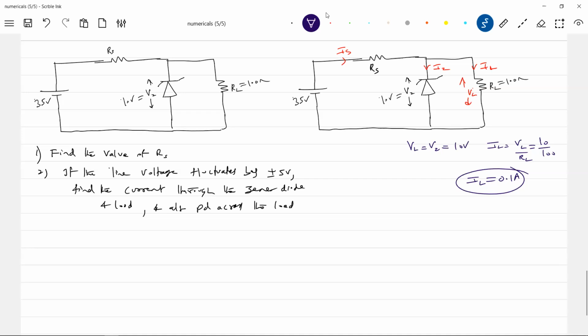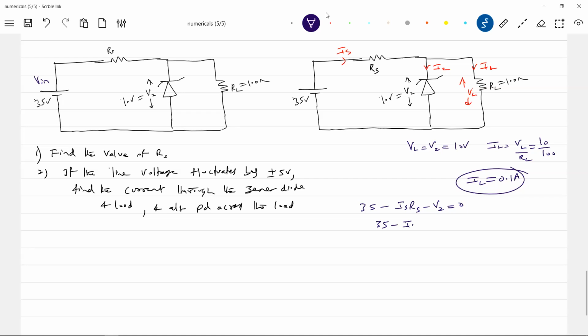Then we'll calculate IS. So 35 minus, this is the unregulated input voltage, so 35 minus IS RS minus VZ equals 0. IS and RS both are unknown? So the conditions are not enough. Okay, I'll do one thing. Some data is missing.